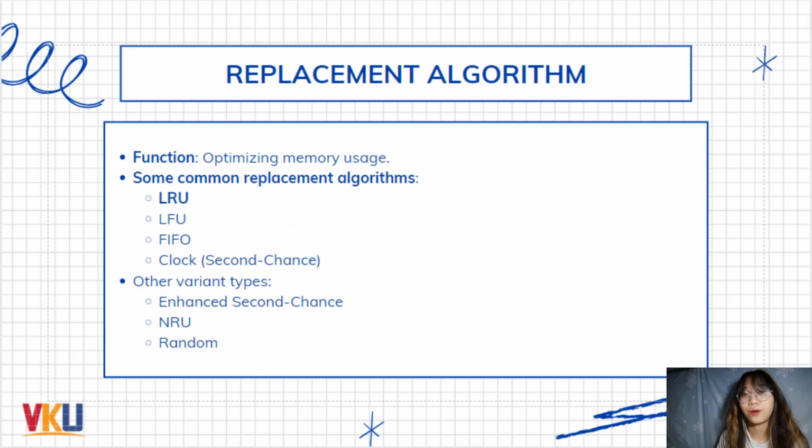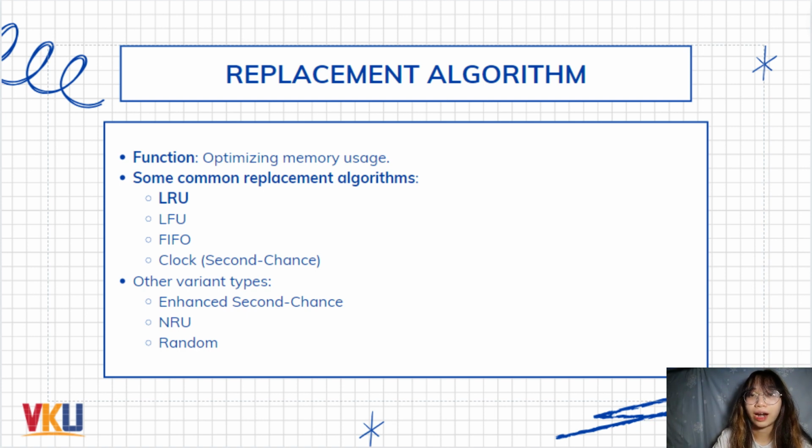So first of all, we come to the first part of my presentation. The replacement algorithm is an important part of the memory management in a computer system, and we use it to optimize the memory usage. There are some common replacement algorithms we can see in our computer system.